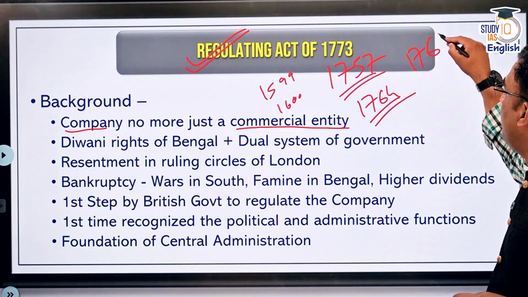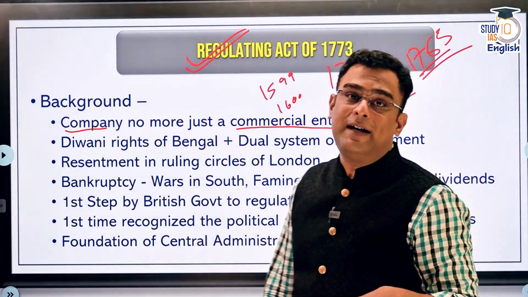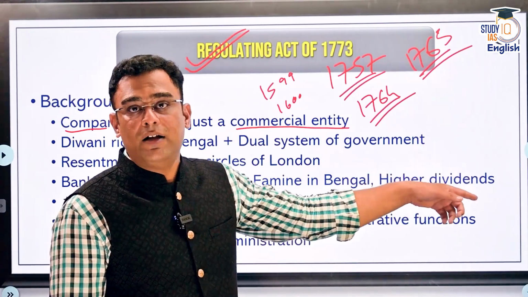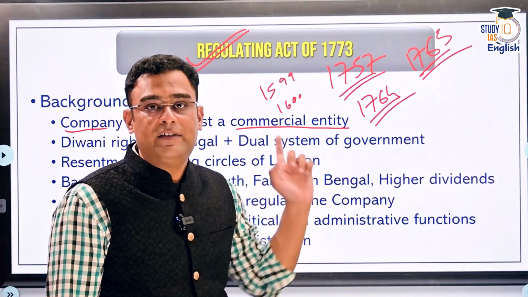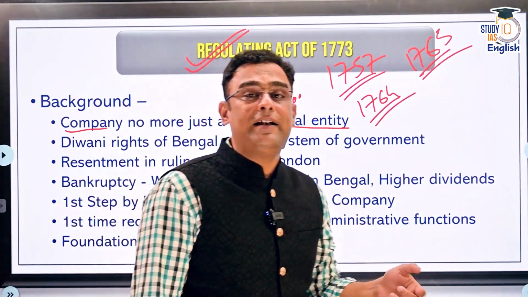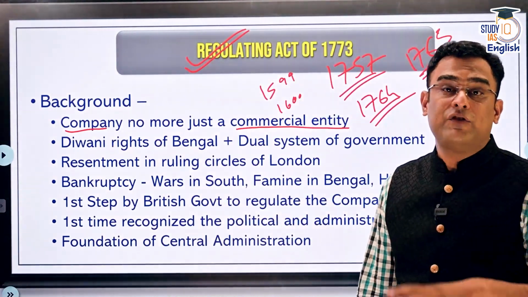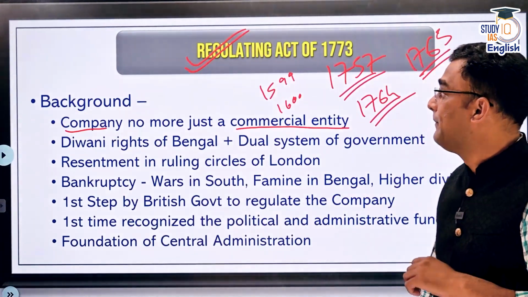1765, a very important development takes place. The Treaty of Allahabad is signed between the East India Company and the Mughal king. Through this treaty, the East India Company is going to get Diwani rights of Bengal, Bihar and Orissa. So now it is no more just a trading entity.